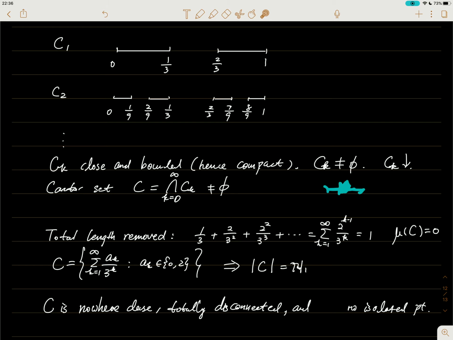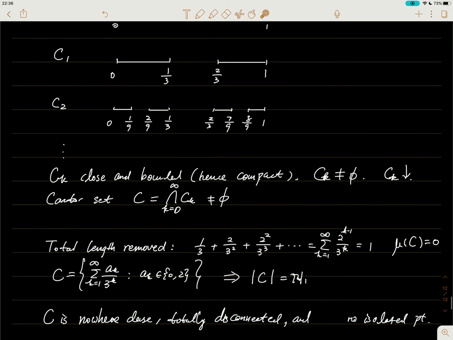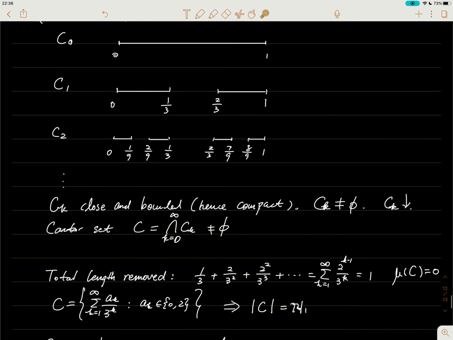That makes this disconnected, and it has no isolated points either. Because if you have one point belonging to C, then within its neighborhood you must take out some parts, and that means that for any point when you draw a neighborhood, you eventually take out something, so this neighborhood will not be inside the entire C anymore.